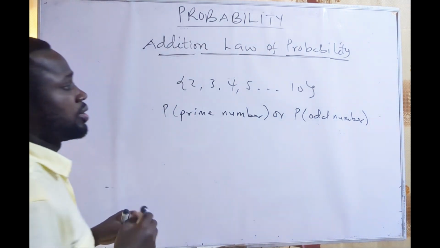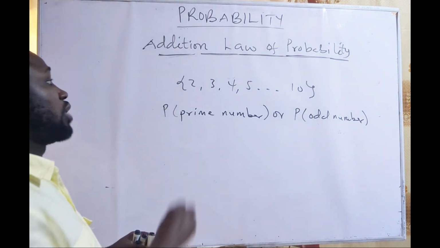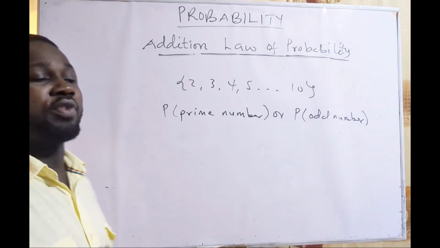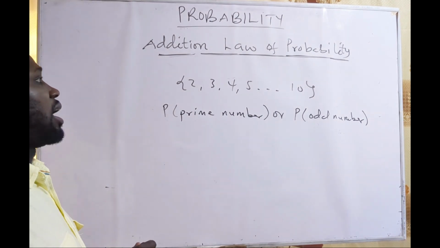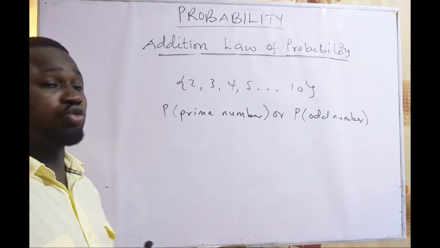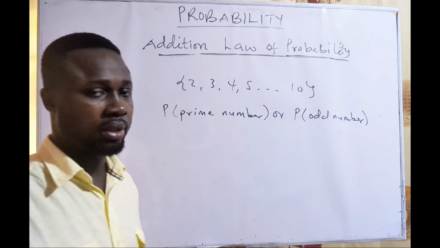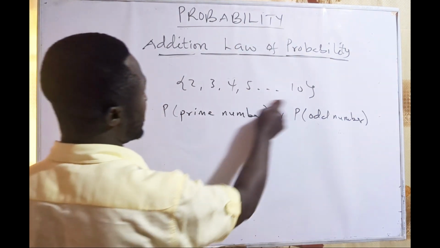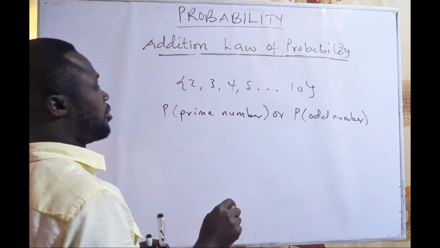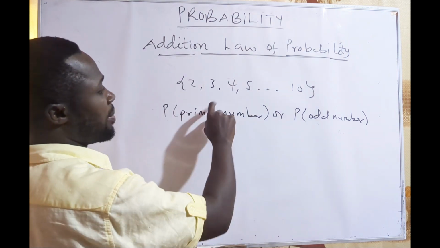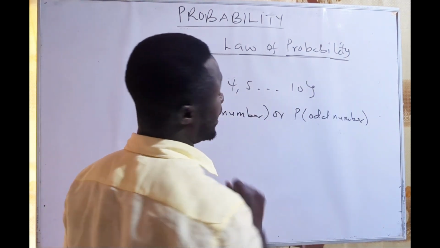So we have a set 2 to 10, and I'm asked to find the probability that when I'm selecting a number at random, it will be a prime number or it will be an odd number. You see that this is the same experiment, and I'm looking for the probability of either a prime number or an odd number.